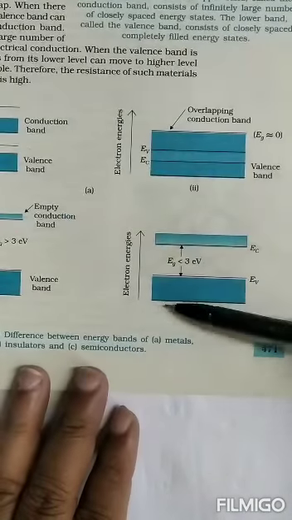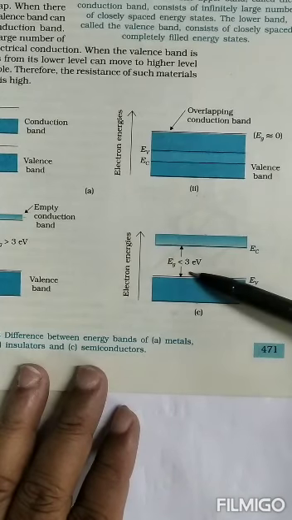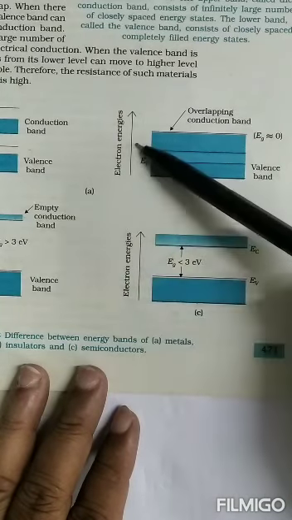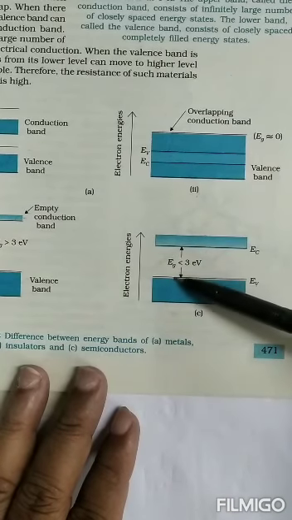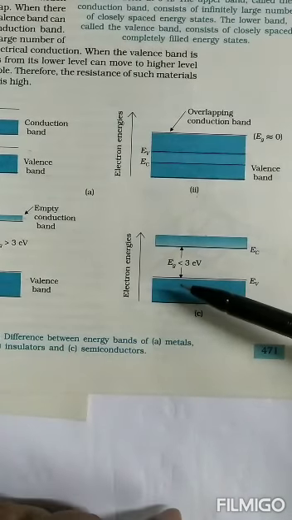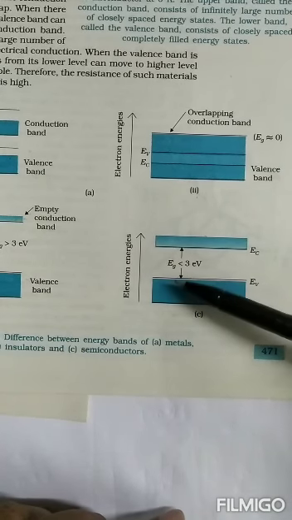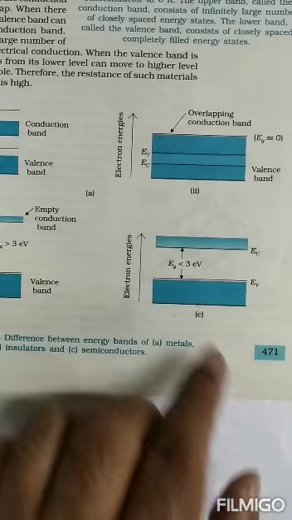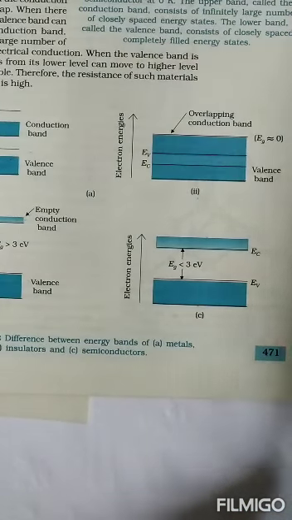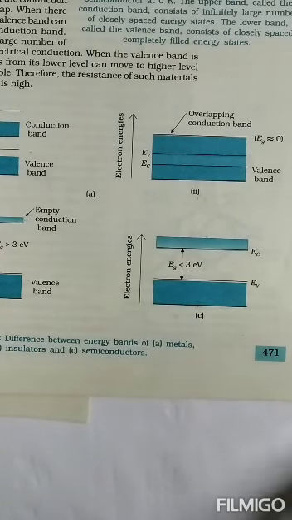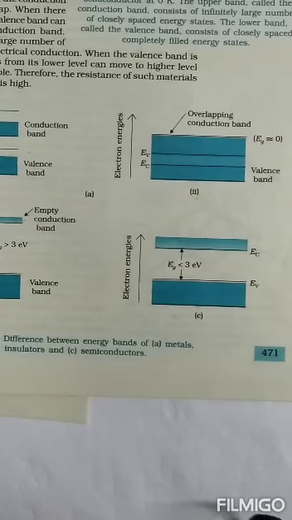So there is another material called a semiconductor. Their conductivity lies in between that of an insulator and a conductor. It is because this gap is of the order of 1 electron volt for a semiconductor. The gap is very small, less than or about 1 electron volt. So there are certain semiconductor materials.